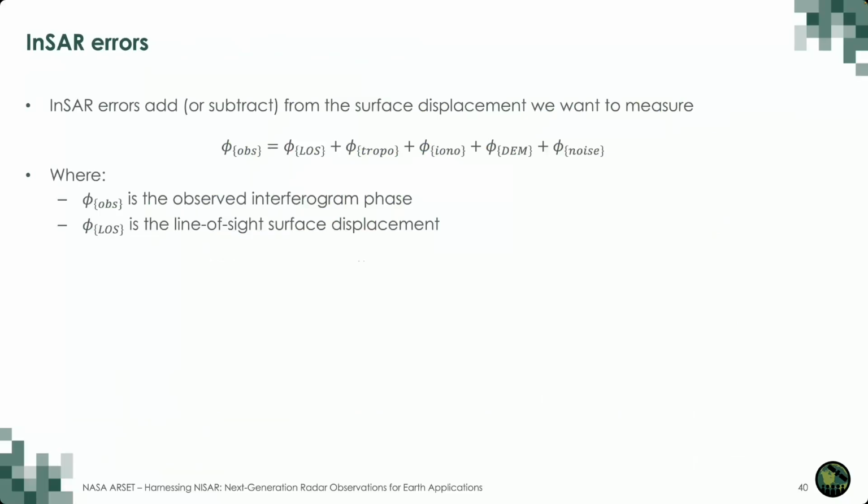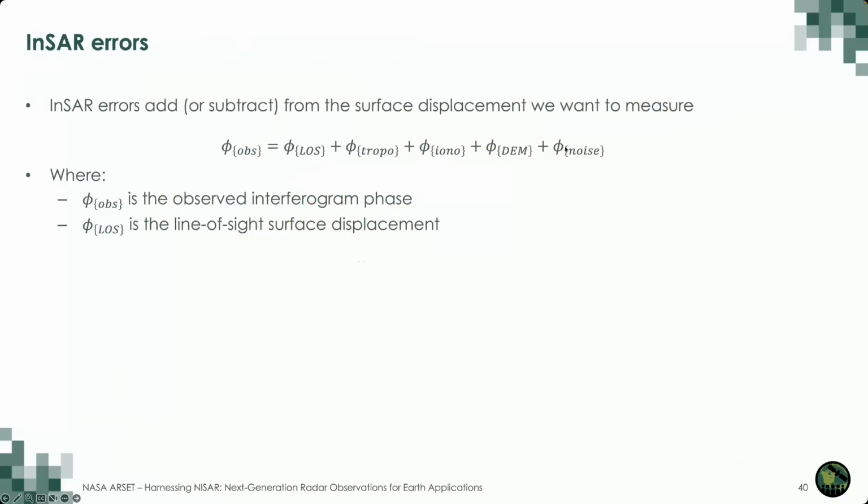So one of the things to think about is what are the limitations on InSAR measurements. We observe a phase here, the phi observed, and it's actually the sum of all these other effects. There's the line of sight displacement, which is what we want to measure. As I mentioned earlier, there's some amount of phase that comes from the troposphere, some amount of phase that comes from the ionosphere, and there can be some phase that's due to inaccuracies in the DEM that you're using for the processing.